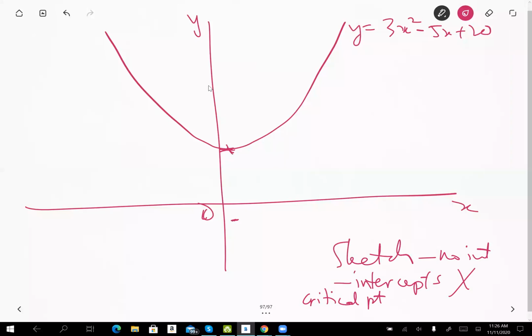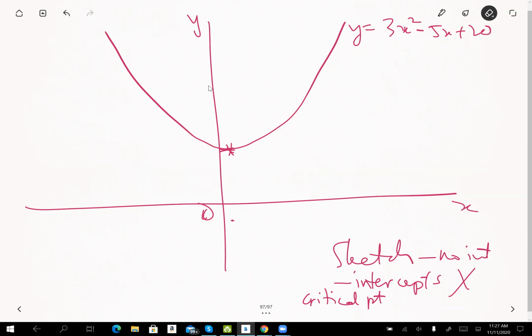At least the location should be somewhat accurate. That is why you need the critical point, so that you can locate it more accurately.